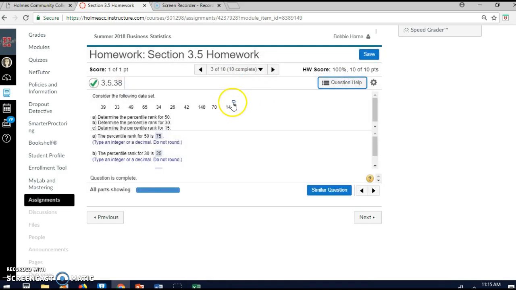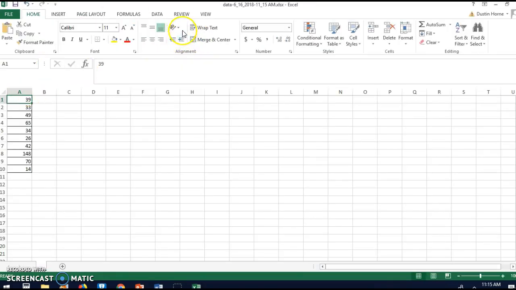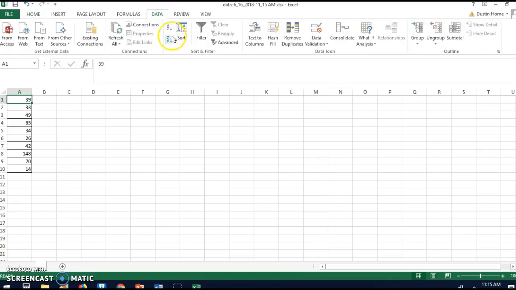So if I open this in Excel, first I want to sort this. So I go to Data, and I sort.